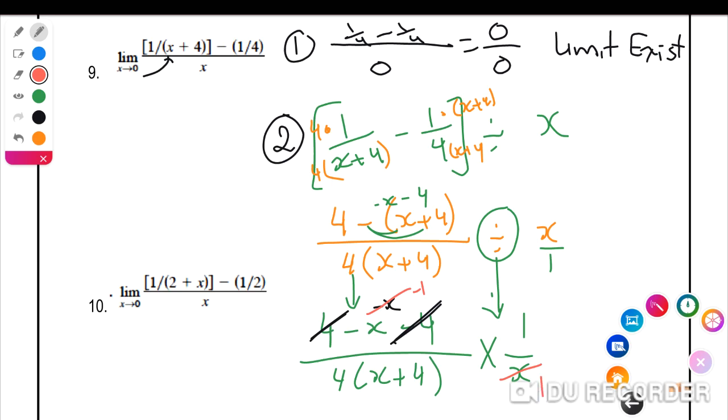Understand? Simplify the numerator first, then simplify what you get in the numerator with the denominator. Never and ever simplify any term related by plus or minus in the numerator with the denominator or vice versa. The result here will be negative 1 over 4 multiplied by (x plus 4).